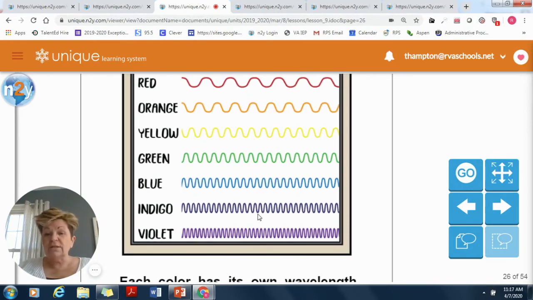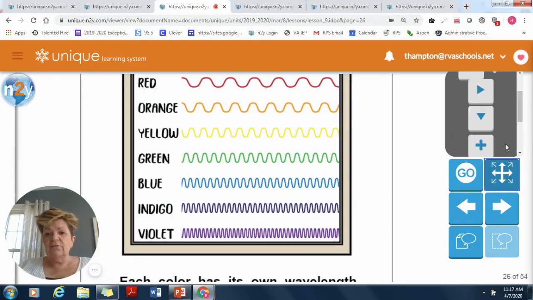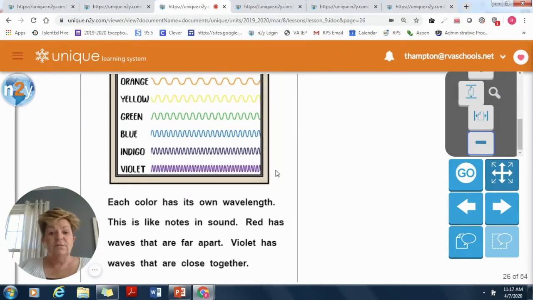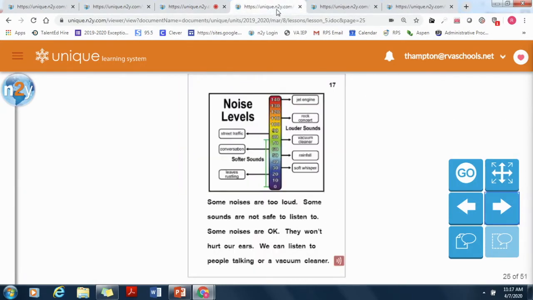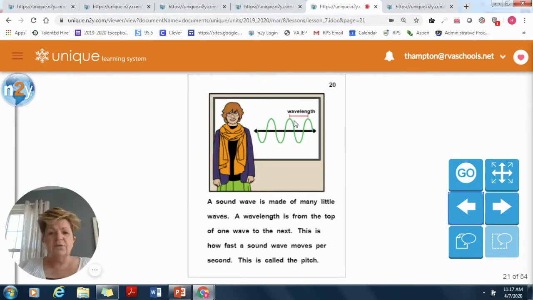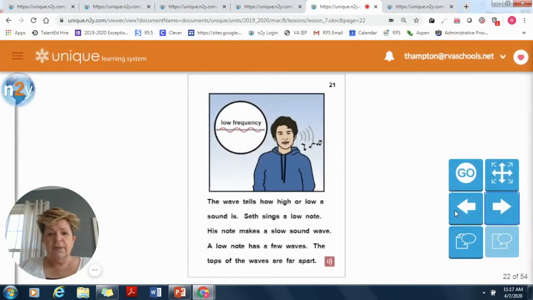Now, where else did we see the difference in wavelengths from crest to crest? Yes, we saw that in sound waves. So let's take a look at those sound waves. Here it's showing us the wavelength, but look at the low frequency. Yes, the wavelengths are greater, they're larger, they're further apart.